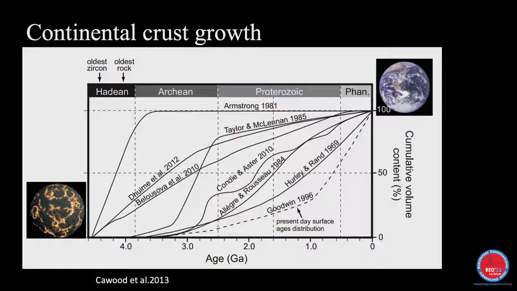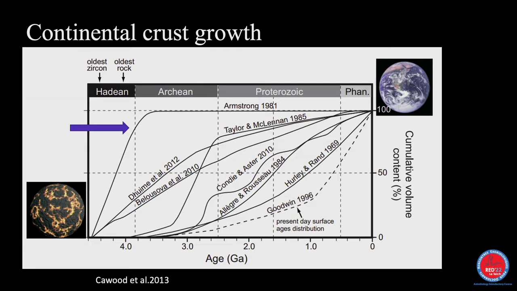Still, they are constructed, and I want to show you some of them, and just look how different they are. These are continental crust growth models, showing the cumulative volume of the continents extracted throughout the Earth's history, especially during early Earth history. If you look at Armstrong's model, he was of the opinion that almost everything was extracted during Hadean time and at the very beginning of Eoarchean time.